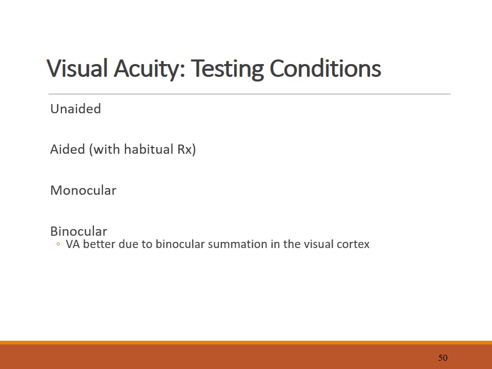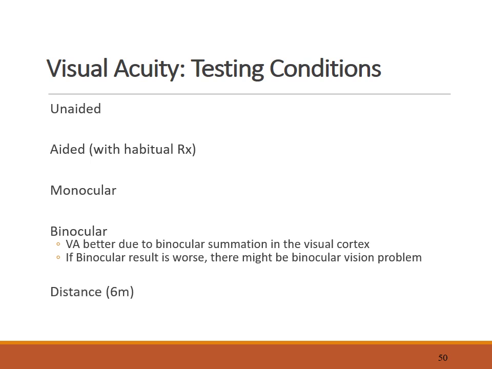For your info, VA will be better with the binocular assessment due to binocular summation in the visual cortex. If the binocular result is worse than the monocular, there might be a binocular vision problem with that patient. We measure at distance, 6 meters, and also near, at 40 centimeters or 33 centimeters.